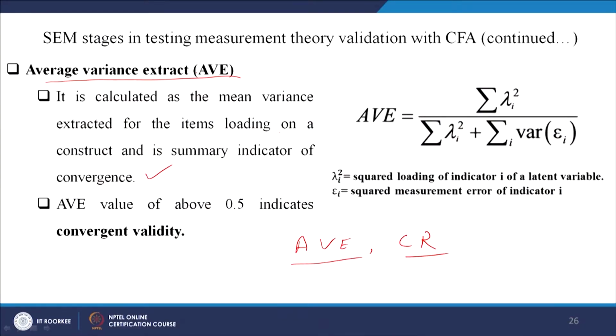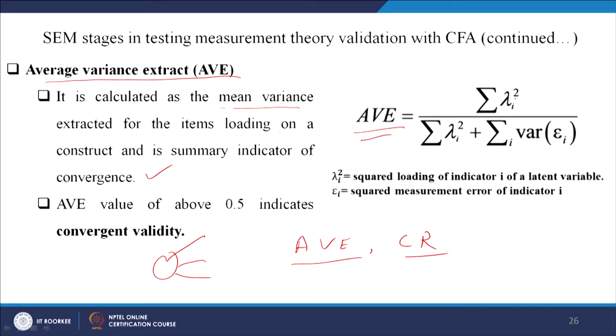As it says, average variance extracted is nothing but the mean variance extracted for the items loading on a construct. Suppose in a case there are 3 items, and it is a summary indicator of convergence. Now, AVE is equal to the summation of lambda square, where lambda is the loading.